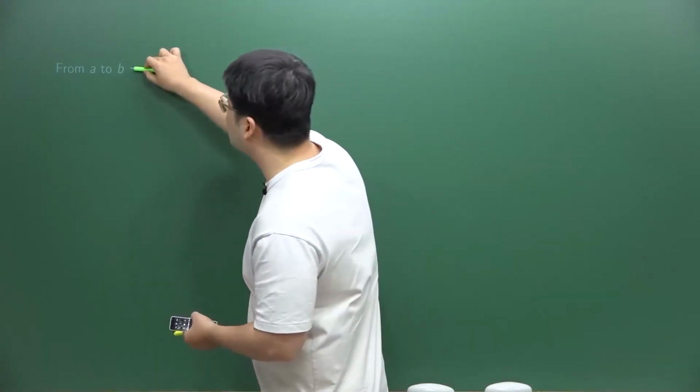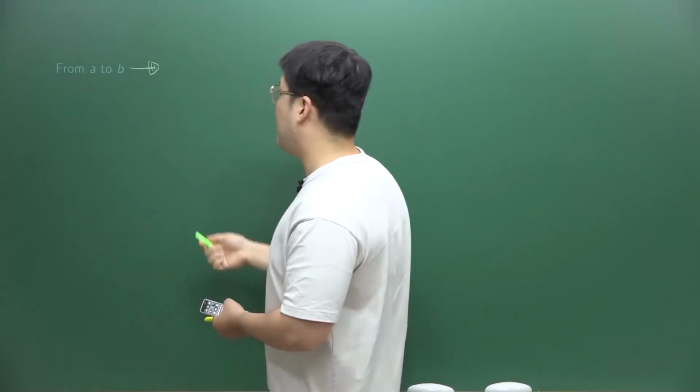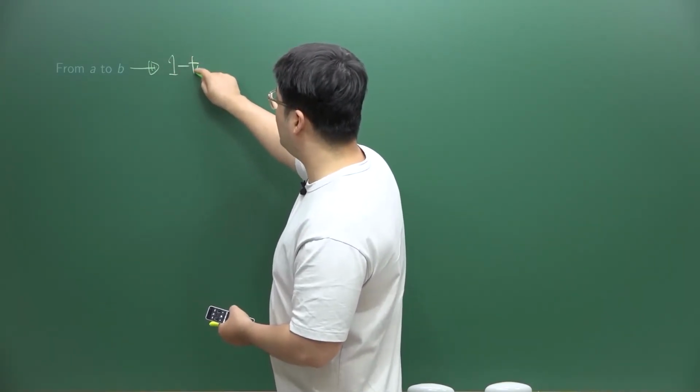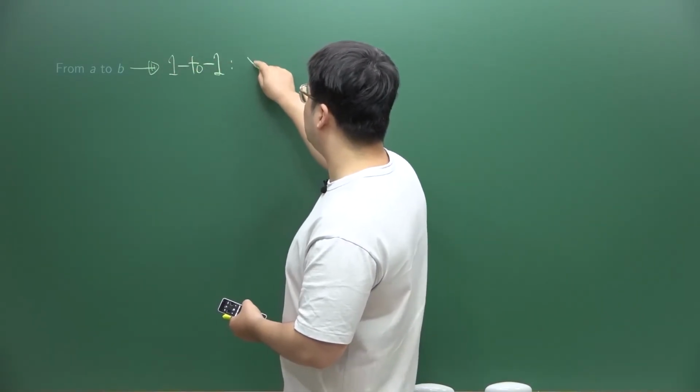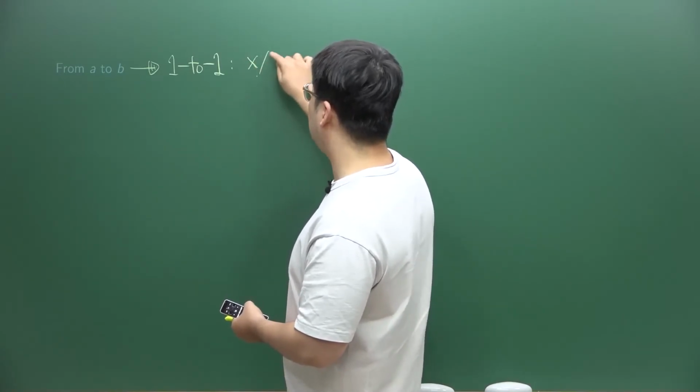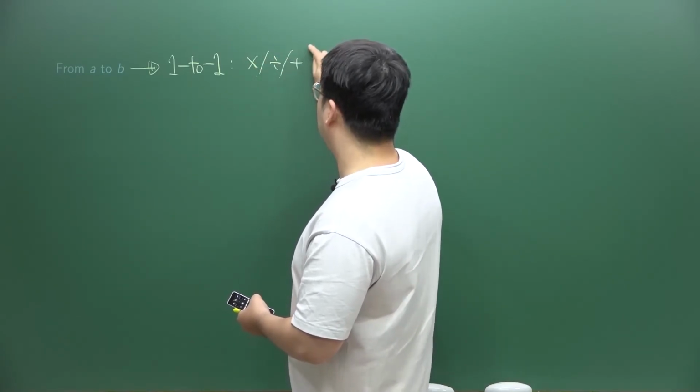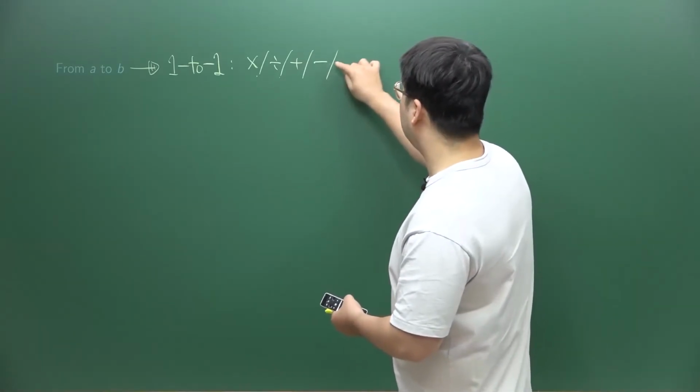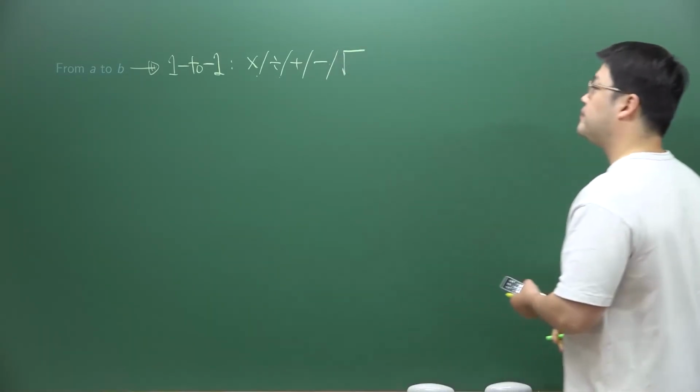Why? Because one-to-one correspondence uses everything that we know. It uses multiplication, division, addition, and subtraction, and sometimes the square root, and so on.